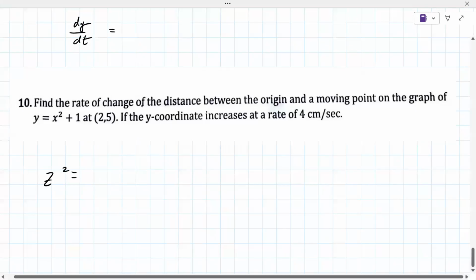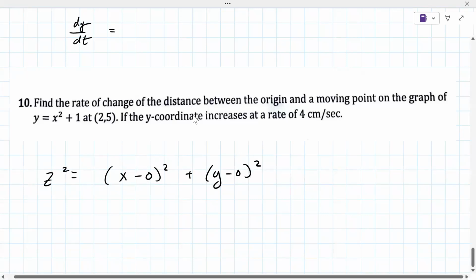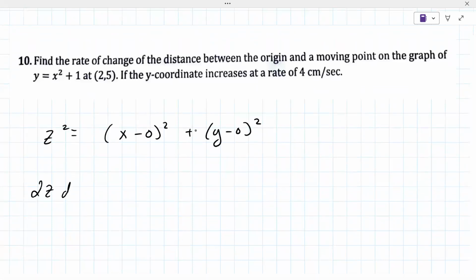z squared equals x minus 0 squared plus y minus 0 squared. Okay, so 2z dz/dt ends up being 2x dx/dt plus 2y dy/dt.